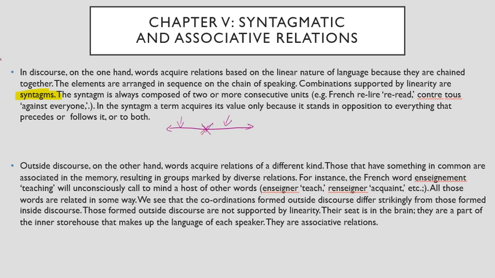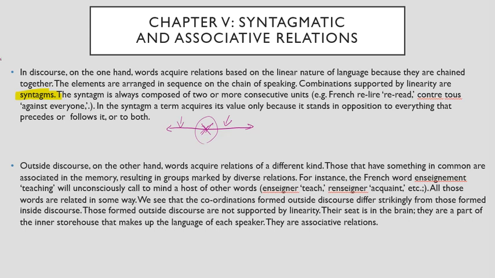For example, I have my consecutive units here, and then I have something that follows and precedes it in a line. That's syntagm. But why do we even need this? You'll understand that when I explain associative relationships. Outside of this course, when we are not speaking, on the other hand, words acquire a different form of relationships.